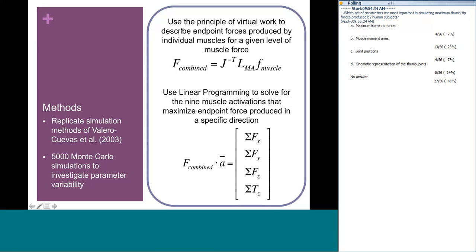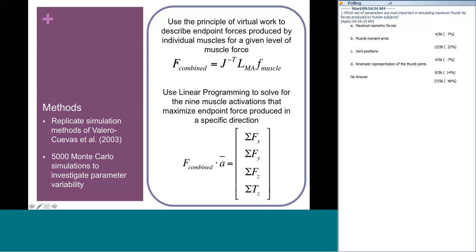In particular, we're using the principle of virtual work to transform individual muscle forces into individual endpoint forces through pre-multiplication by the moment arm, and then transformation from the torques about the joints to the endpoint forces through the inverse transpose Jacobian.